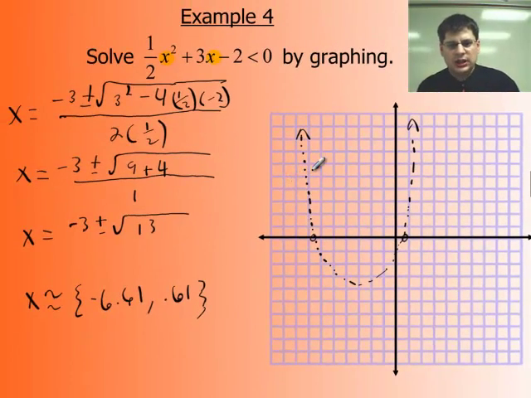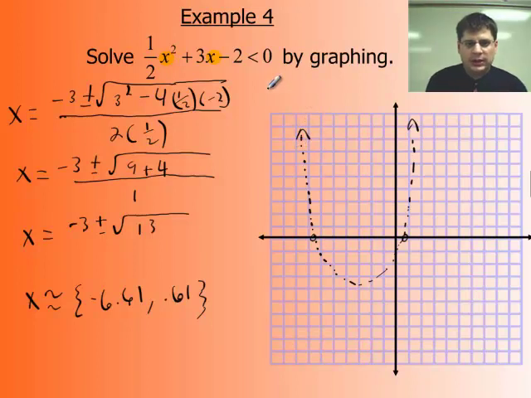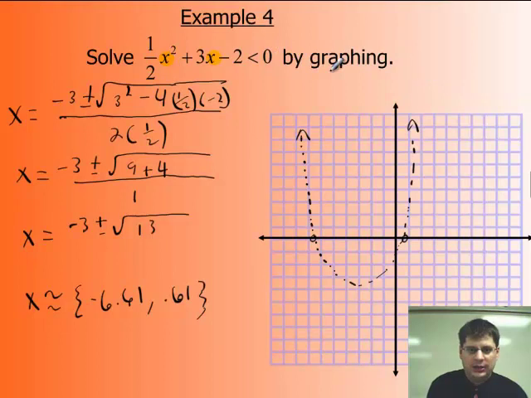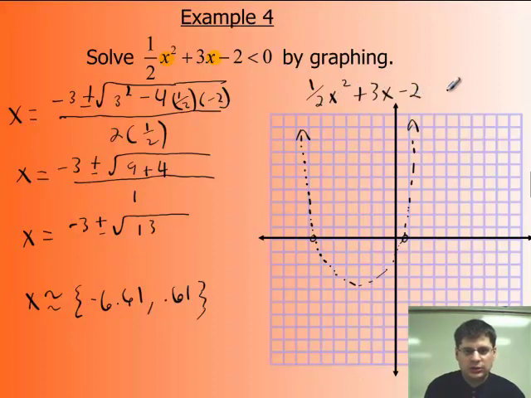Now what I'm interested in is the shading. If I were to replace this 0 with a y, so if I were to rewrite this as 1/2 x squared plus 3x minus 2 is less than y, or in other words, y is greater than this, that would tell me that I'm going to have to shade above this curve.